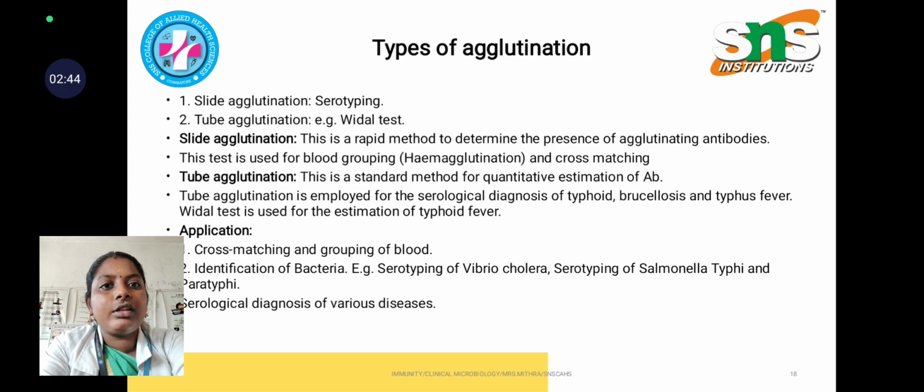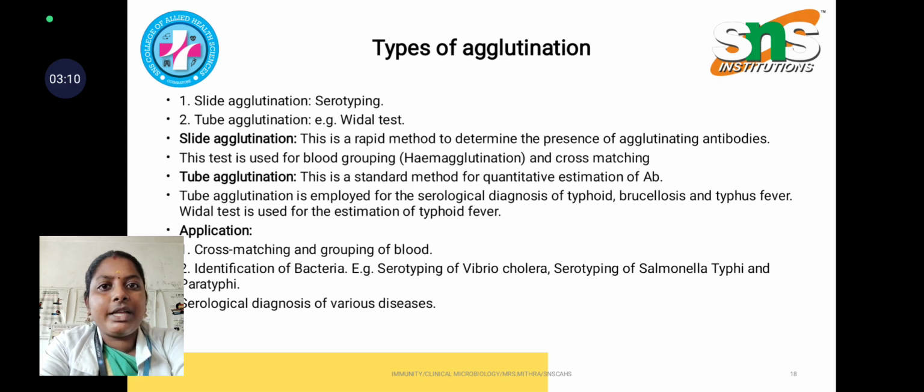Slide agglutination is a rapid method to determine the presence of agglutinating antibodies. As I said before, this is used for blood grouping, hemagglutination, or cross matching, and tube agglutination is mainly for the diagnosis of typhoid fever, whose causative agent is Salmonella typhi, and also brucellosis and typhus fever.